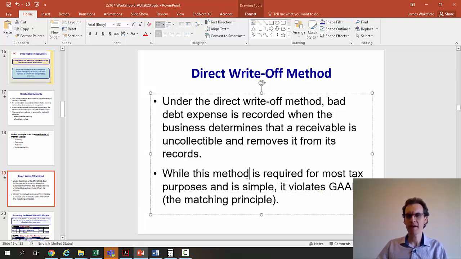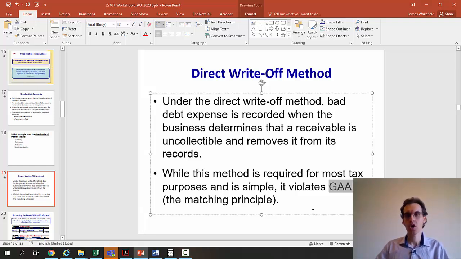So the direct write-off method violates the matching principle and therefore is not permitted under generally accepted accounting principles, GAAP for short. The only case where the direct write-off method is permitted is if the amounts you are writing off directly and recognizing bad debt expenses for are an immaterial amount of the overall business's performance and net profit.